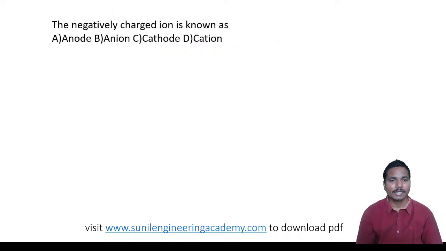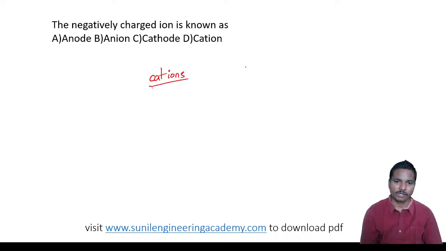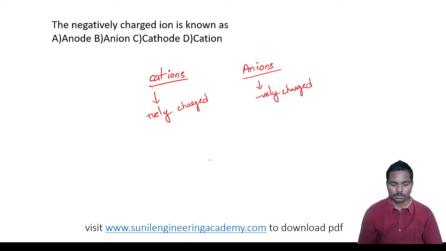Coming to the next one, the negatively charged ions are known as dash. We know very well cations and anions. Cations are positively charged because they have more protons.